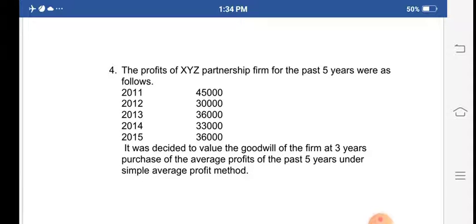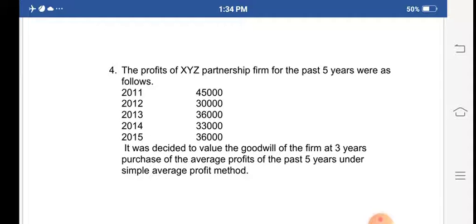It was decided to value the goodwill of the firm at 3 years purchase of the average profits of the past 5 years under the simple average profit method. So we have to calculate the goodwill for 3 years. First of all you have to ascertain the simple average profit.